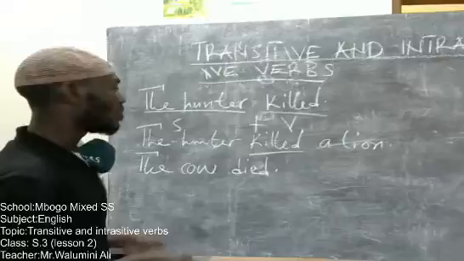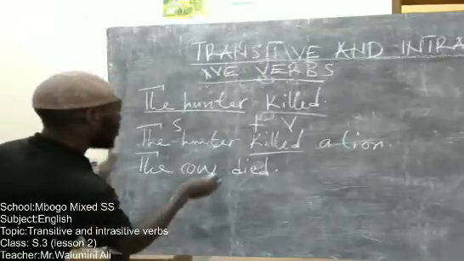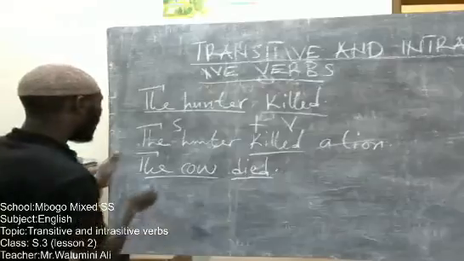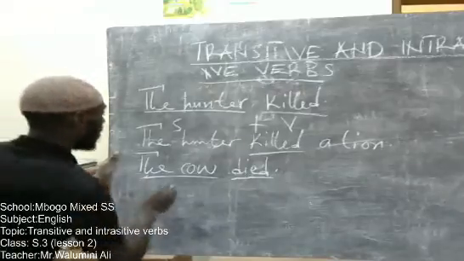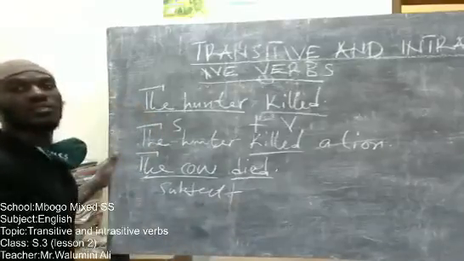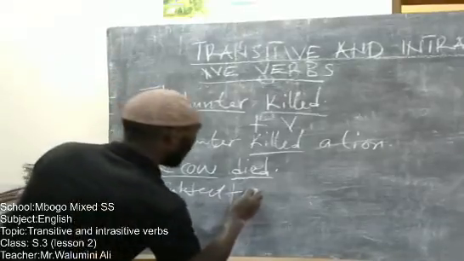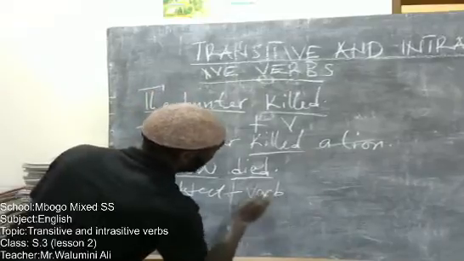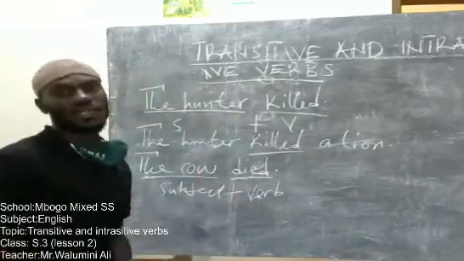What is here? We only have two parts in this sentence. We have the subject, which is the cow, and then we have the verb, which is die.